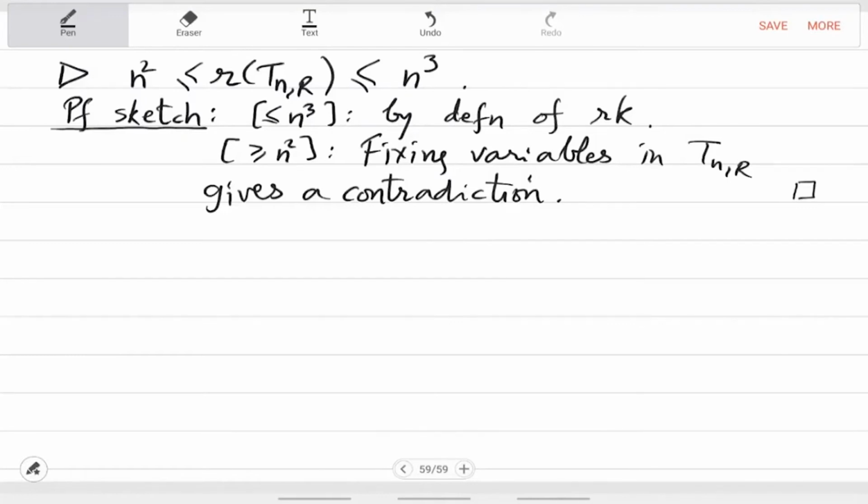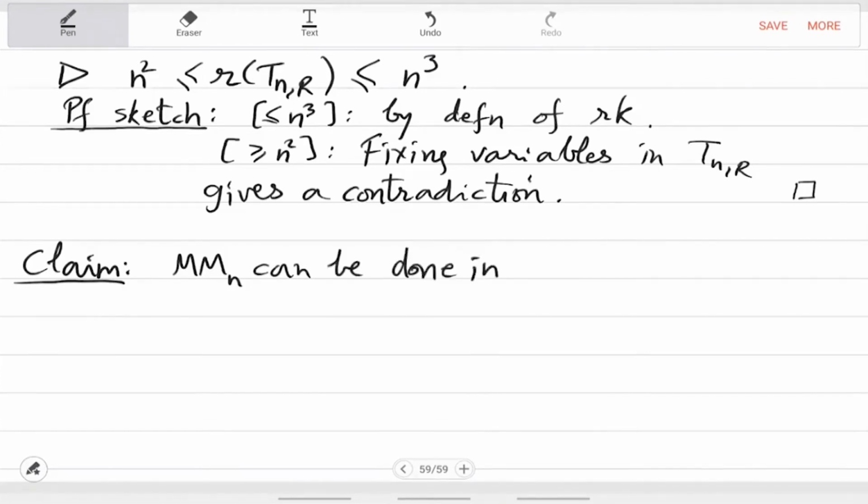Let me make the following claim: matrix multiplication for n by n matrices can be done in the rank of this tensor many multiplications.